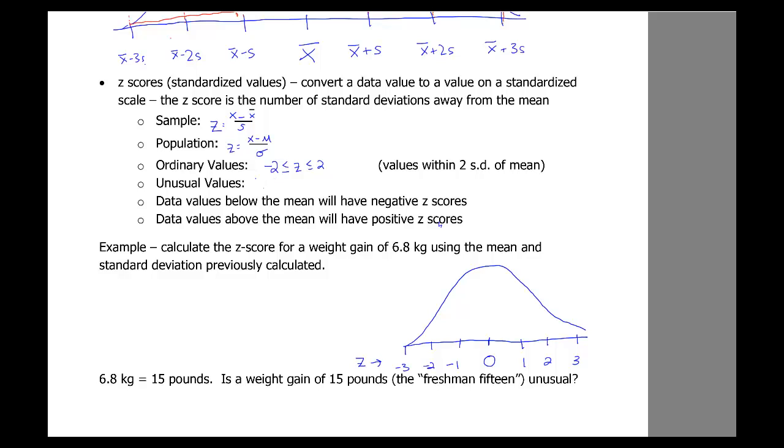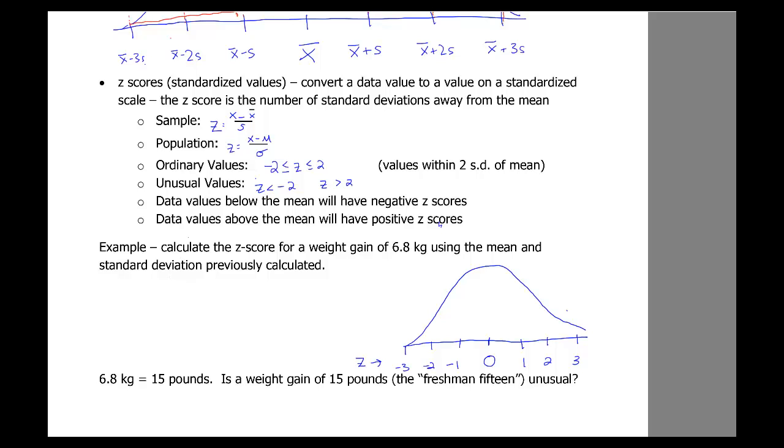Okay. Unusual values would be outside that range, so anything less than -2 and anything greater than +2. If you have a data value that's lower than the mean, it gives you a negative Z-score. Okay. Just like the scale over here, it goes -1, -2, -3 below the 0. Okay. And then the positive Z-score is anything above the mean.